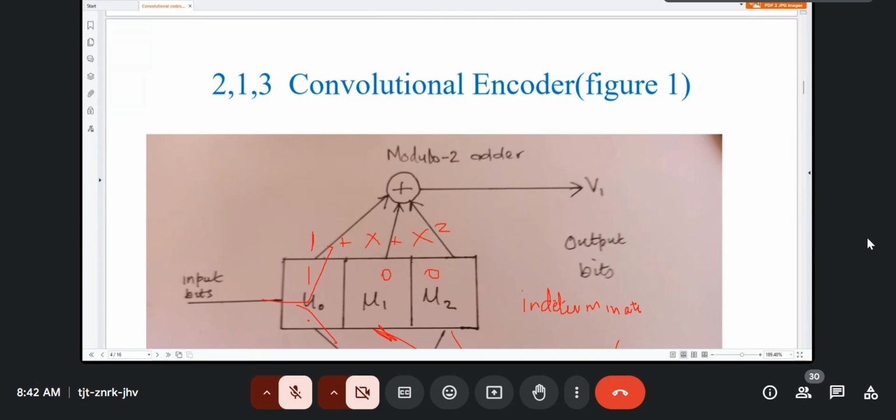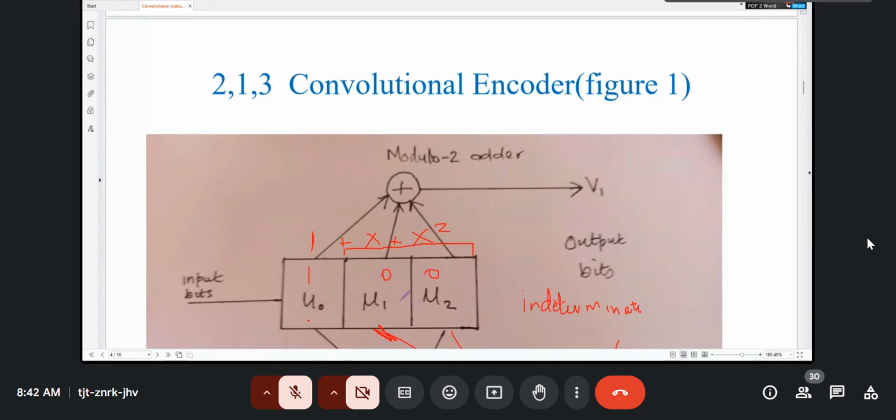So the important registers are these two registers, and they are the ones that determine the state, the length of the state. If we had three of them, then the states will be more.